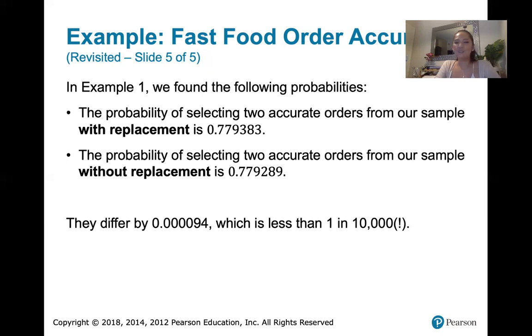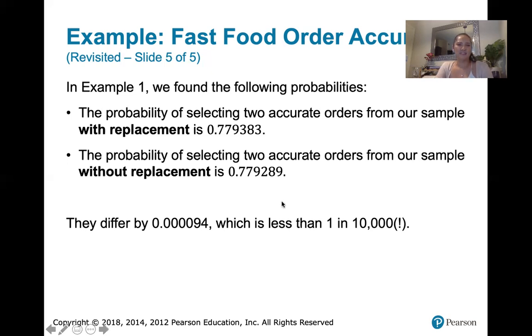So since that difference is so small, I might say, well, pretending that we're not doing this without replacement. Sorry, I'm having trouble with my words for a second. Pretending that we're leaving them all in there, we're always putting it back, even though we're not, is okay, because those probabilities are so similar.